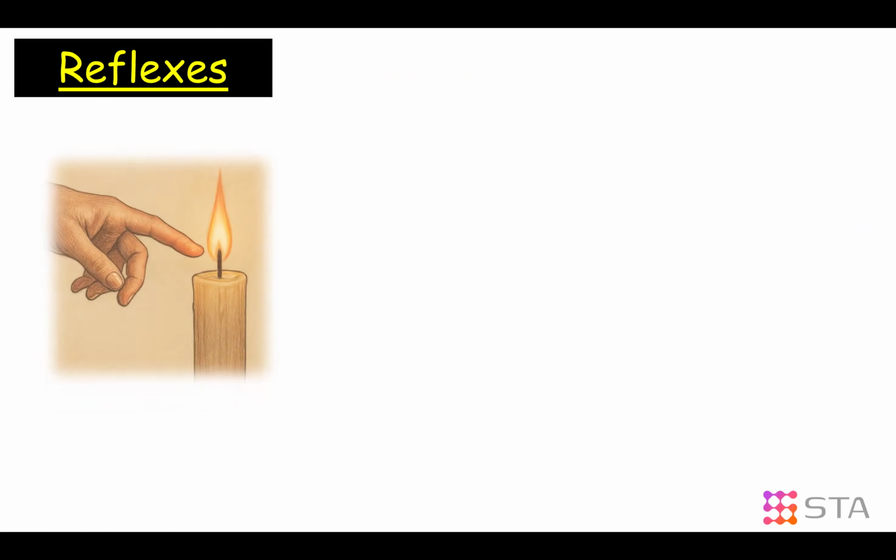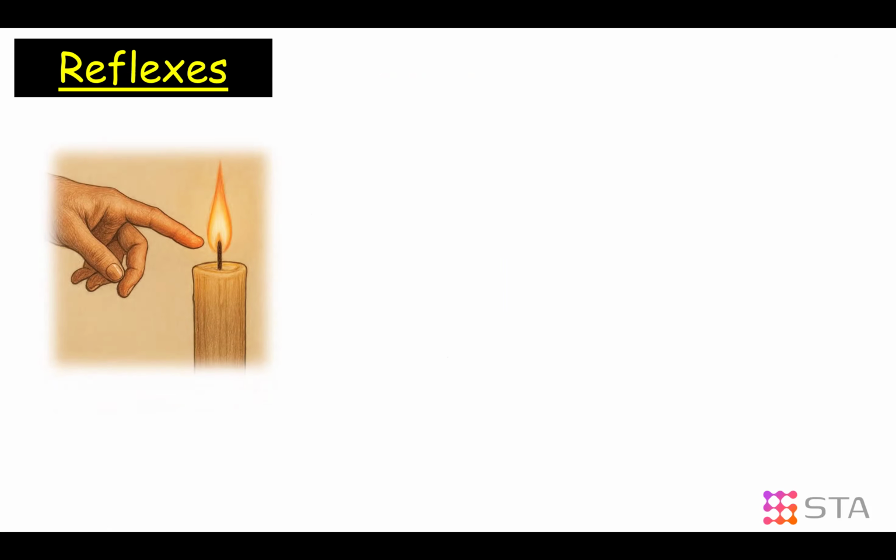Now, I'm going to show you how a reflex is built up. So this is a reflex pathway. More on this next lesson. But I'm going to use the example of touching a hot flame, because that's a very, very common example. Other examples could be stepping on a pin, for instance.